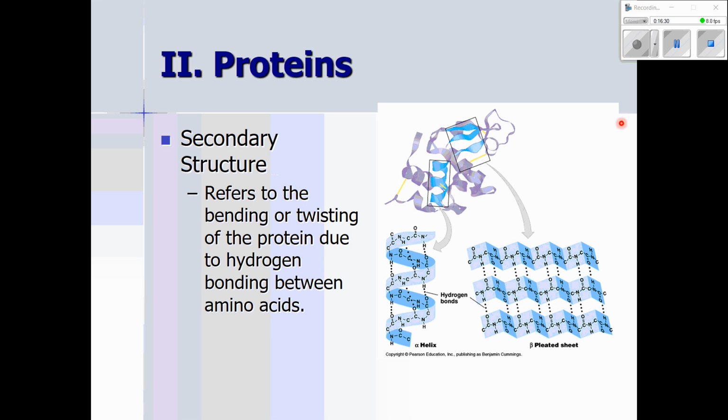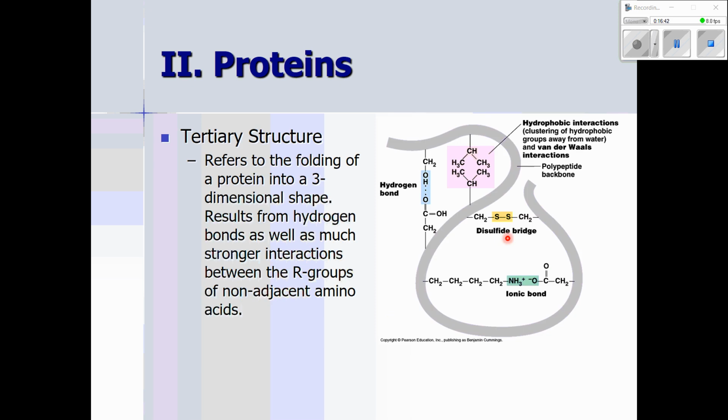Secondary structure is where you have small areas of twisting or pleating because of hydrogen bonds in between the R groups. And then finally, tertiary structure is the complex, folded up, three-dimensional shape that proteins typically take on. There is a 4th level of structure, but not all proteins have the 4th level.